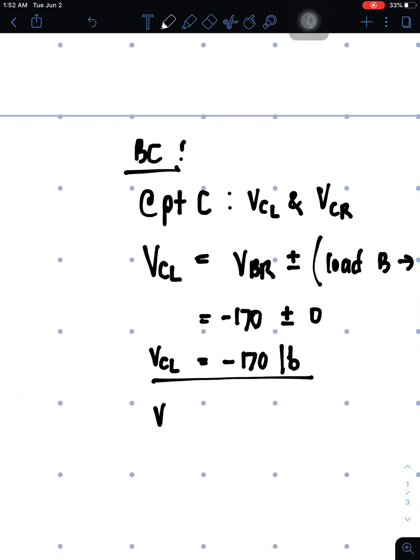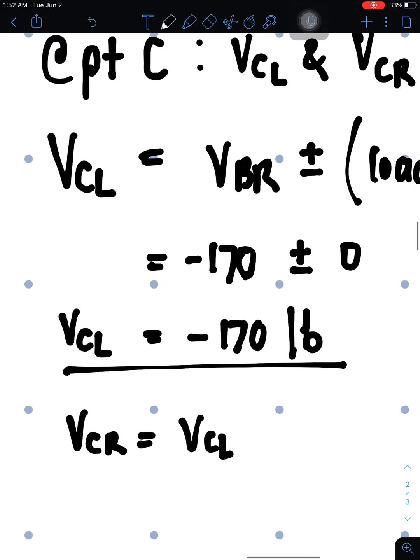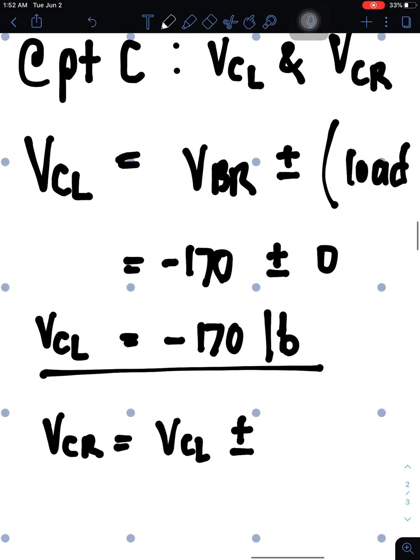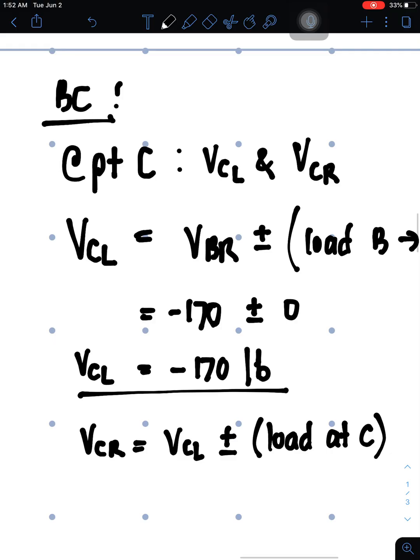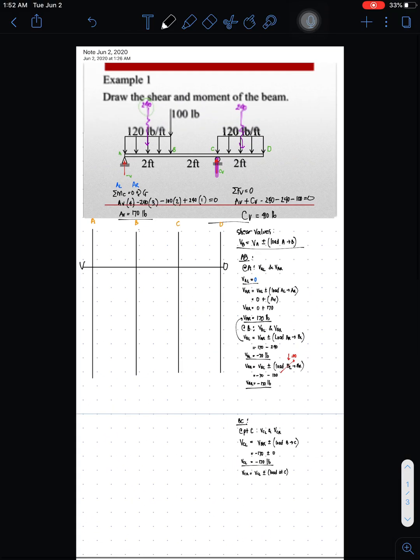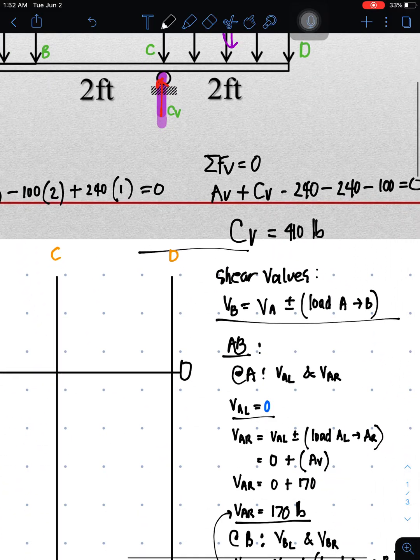Next, we are going to plot the VCR. So we copy the previous VCL, then plus or minus the load at C. The load at C is CV, upward.